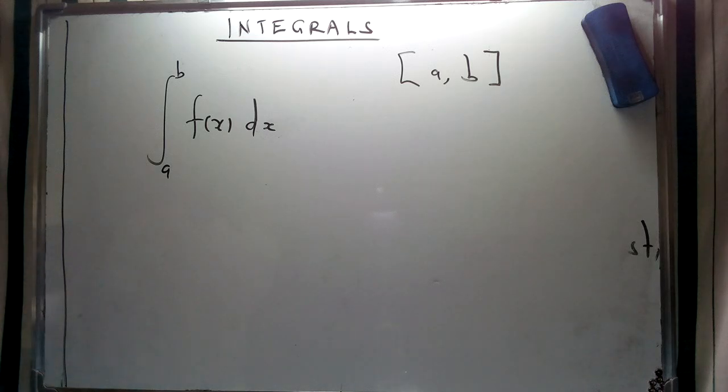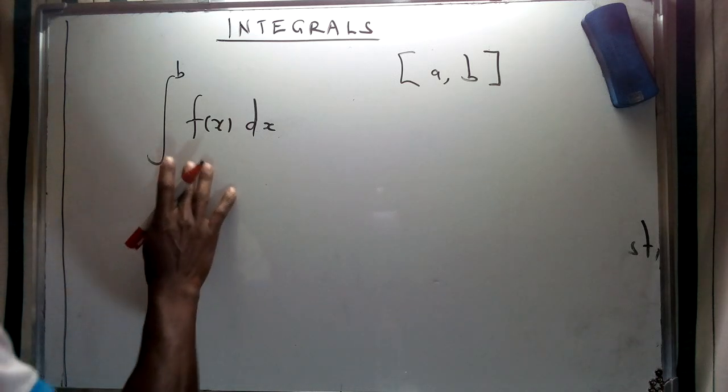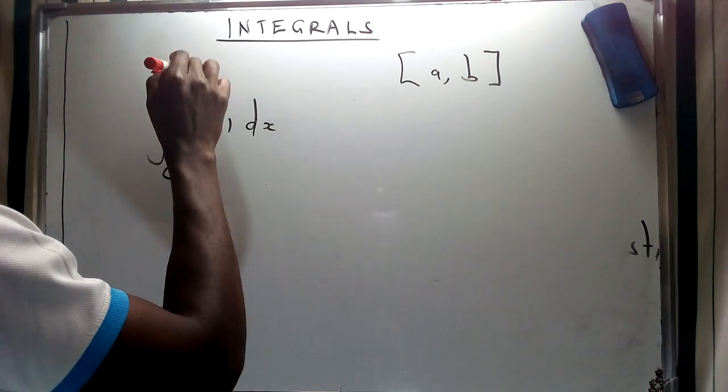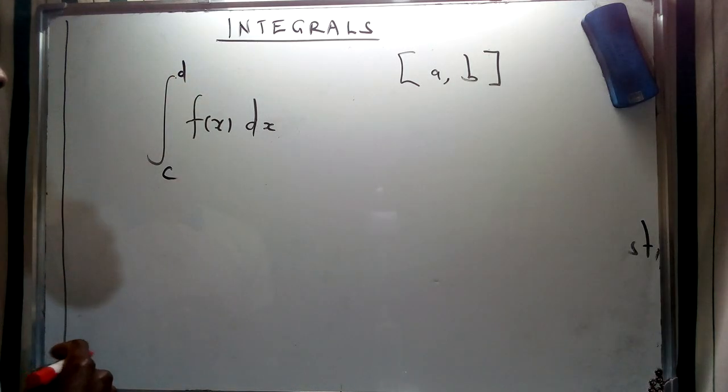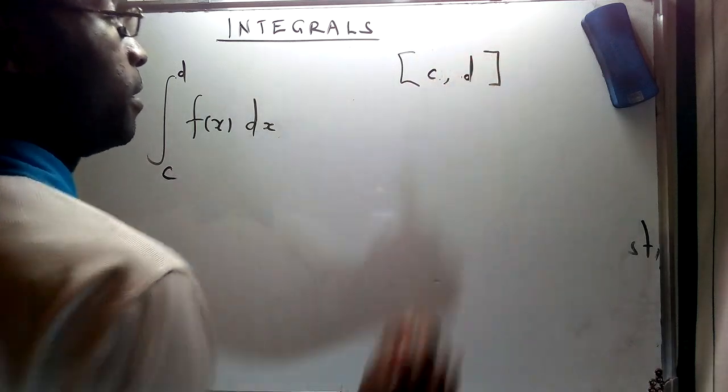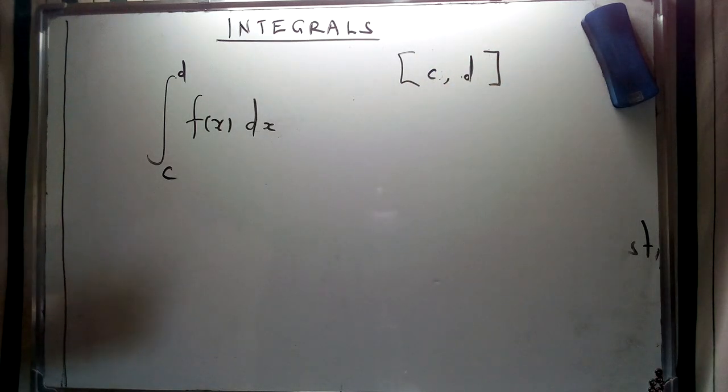Suppose we have a different set of intervals. Let's say this is c and d, as our closed interval, with the lower limit of integration and the upper limit of integration as such.